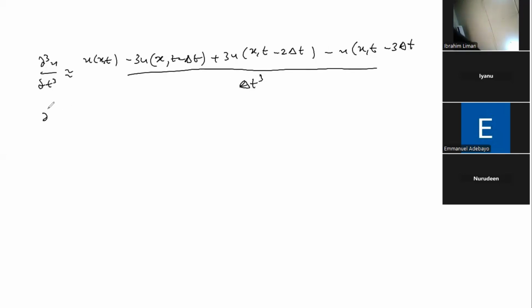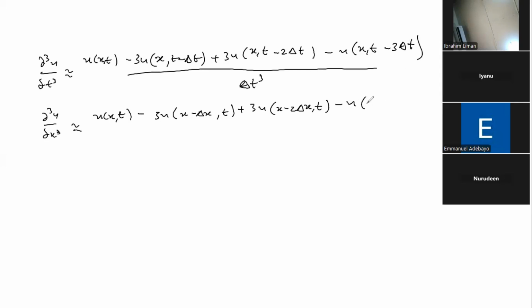And then the third derivative in x, d³u/dx³, will be approximately [u(x,t) minus 3u(x minus Δx, t) plus 3u(x minus 2Δx, t) minus u(x minus 3Δx, t)] over Δx cubed.